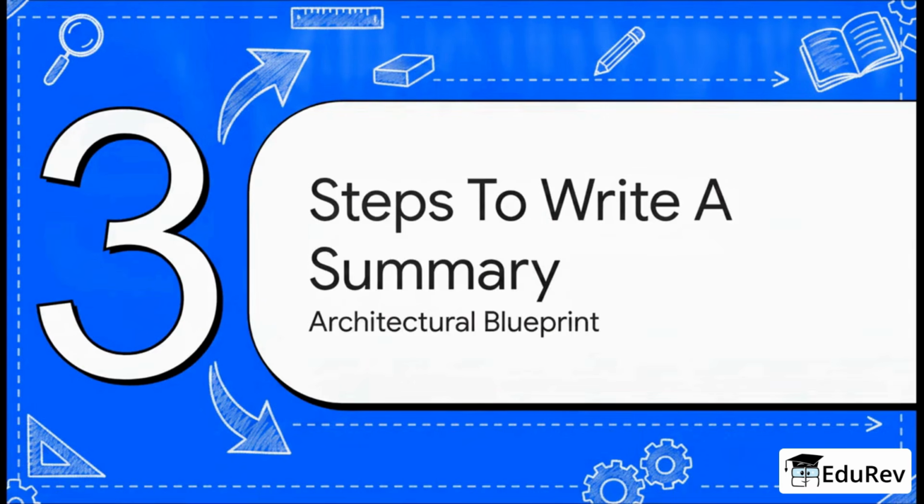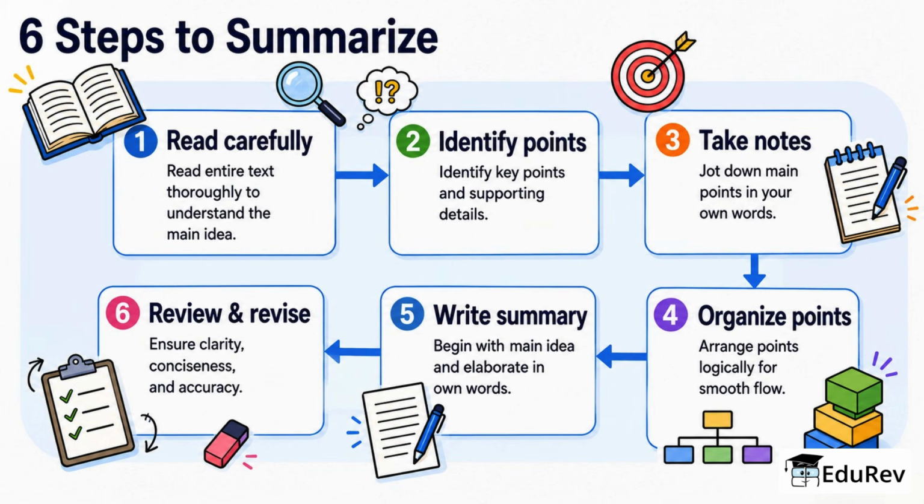Section 3. Steps to write a summary. I need you to follow this exact 6-step architectural blueprint every single time you sit down to summarize. First, read carefully to grasp the overall theme. Next, identify the main points.